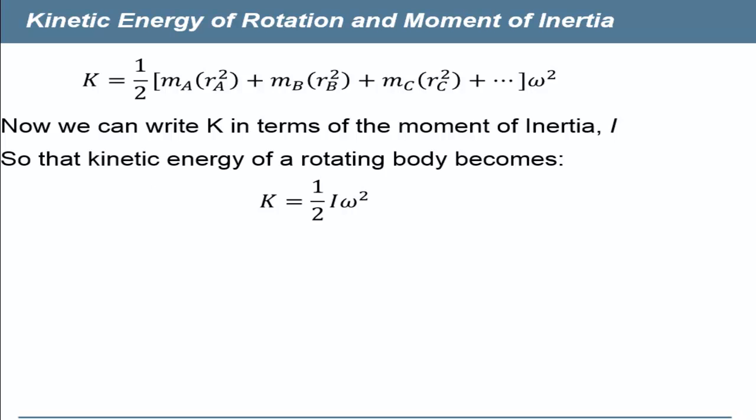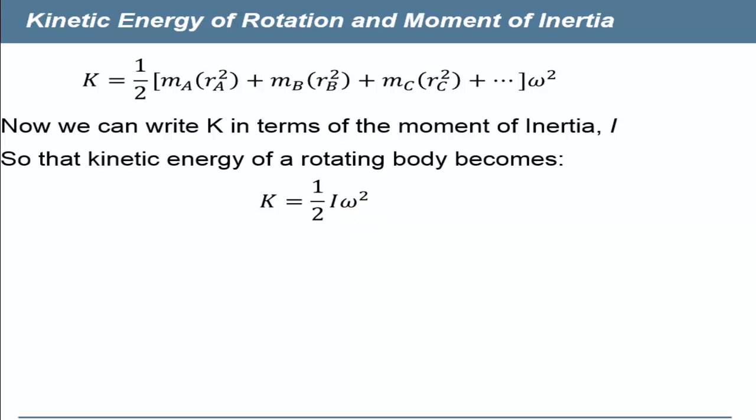So it's the same equation, except instead of mass, we have I, the moment of inertia, which considers how the weight is distributed about the axis of rotation. And instead of a linear velocity, we have the square of the angular velocity.